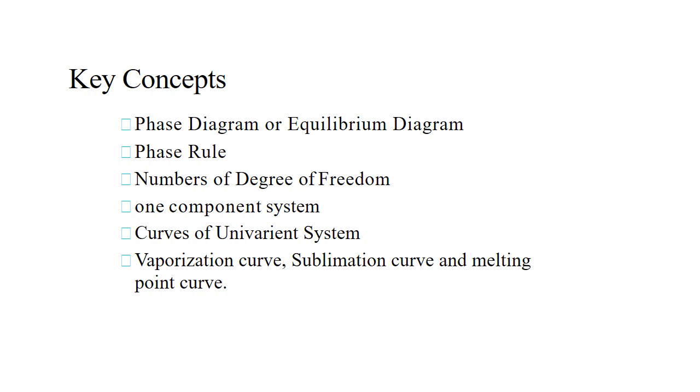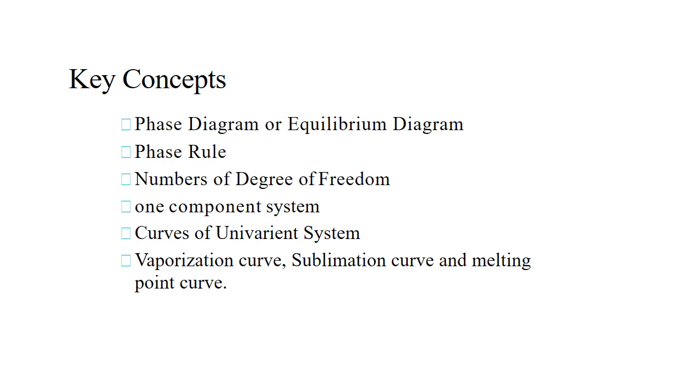Phase diagram is actually a graph between variants. Mostly the variants will be the pressure and temperature. After this we will discuss phase rule. What is phase rule? That was simply discussed in the previous lecture, and phase rule was established by Gibbs. Then we will discuss number of degrees of freedom.